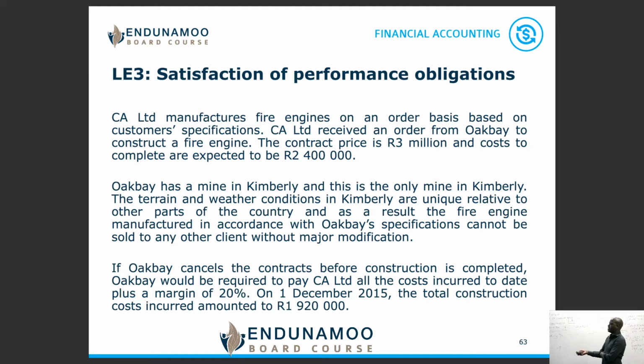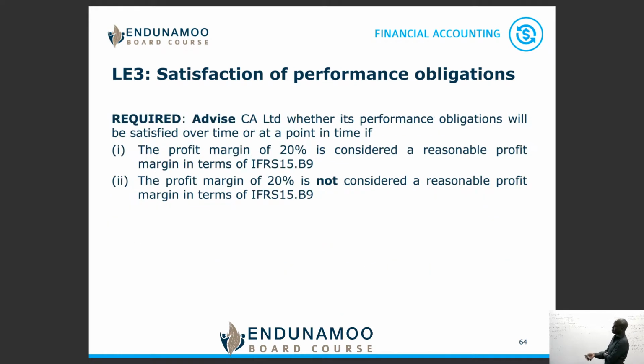On 1 December 2015, the total construction cost incurred amounted to 1.920. Advise CA Limited whether its performance obligation will be satisfied over time or at a point in time.